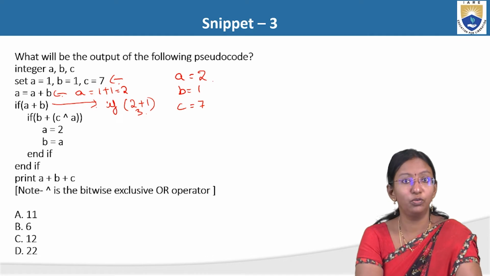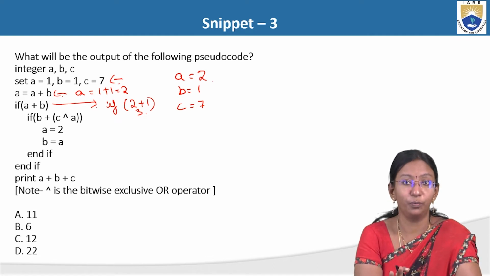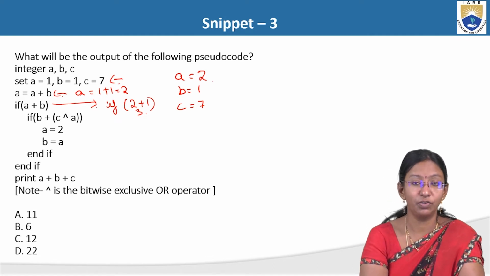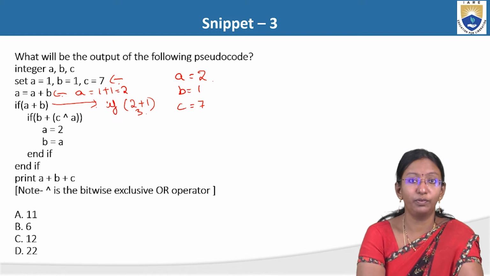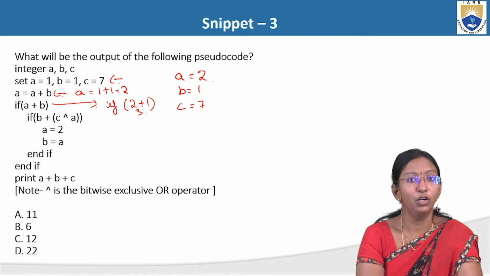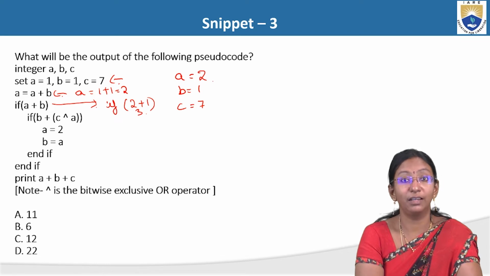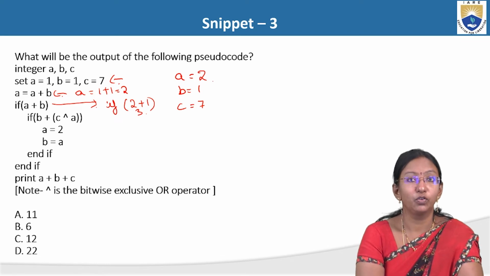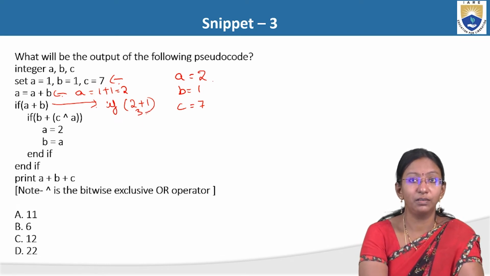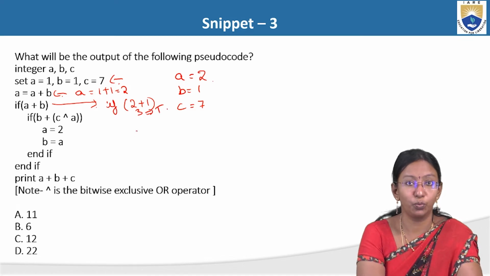Even negative values are true except 0 in any programming language, and that is the root of any pseudocode. Right? So you can convert this into any programming language of your wish. But if the value which you are talking about is other than 0, it is true. So 3 implies that the if condition is true.